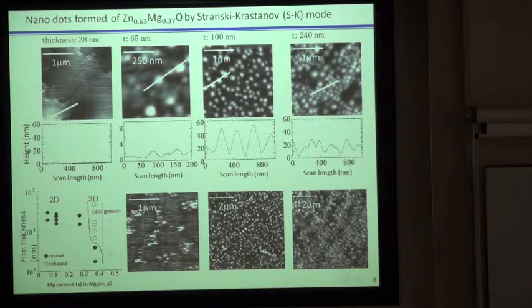But anyhow, we checked such conditions and how to get the two-dimensional growth and to get these kinds of quantum dot structures. And again, I showed you the AFM pictures of various thicknesses of the magnesium-replaced zinc oxide, and at relatively thin layers, it shows two-dimensional natures.